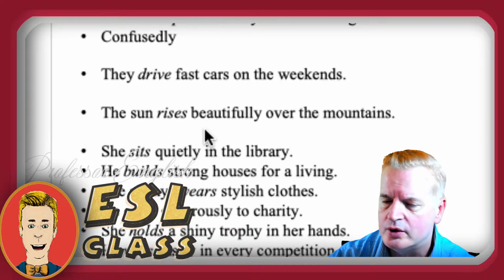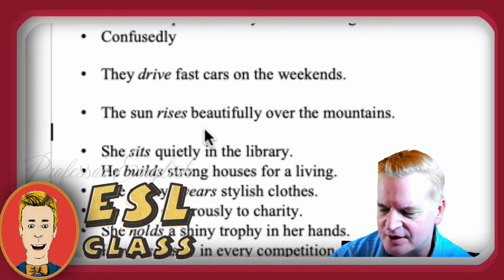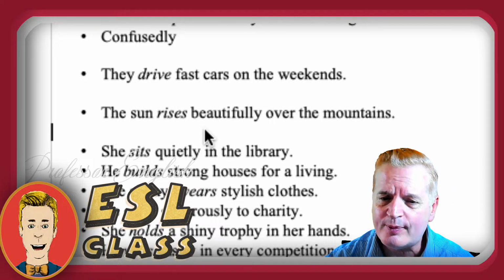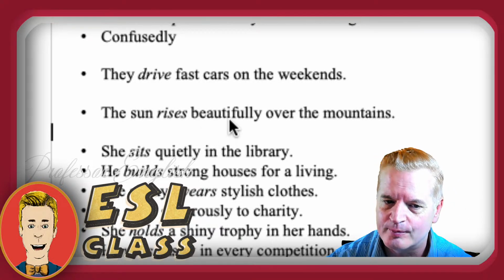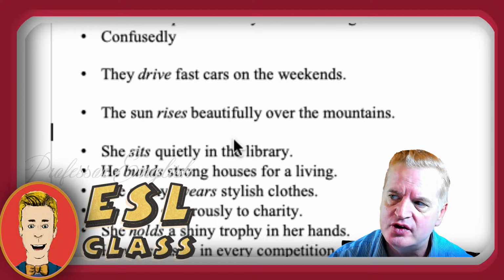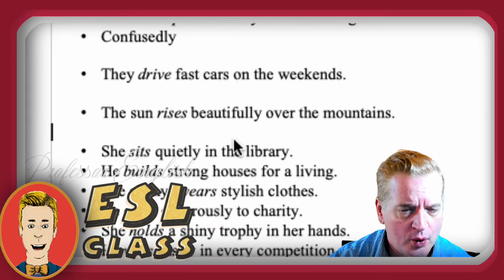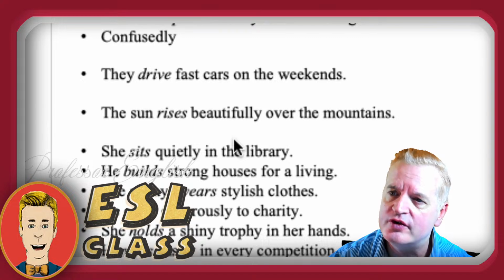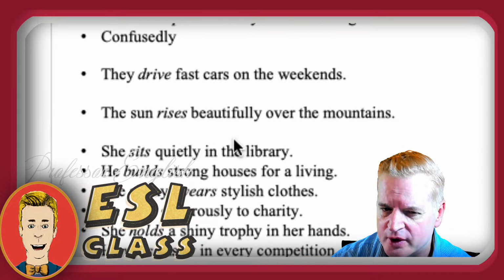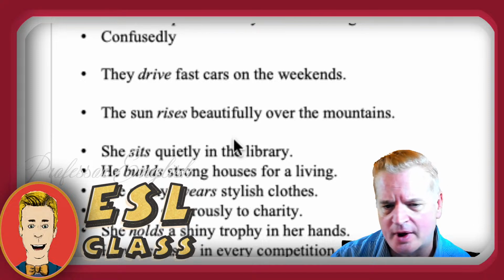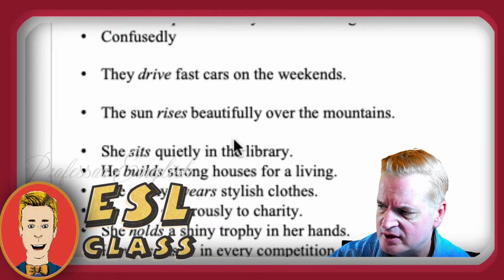That's a pretty long sentence. No, it does not. No, it doesn't rise beautifully. We've got to focus on that word, beautifully. No, it doesn't rise beautifully over the mountains.